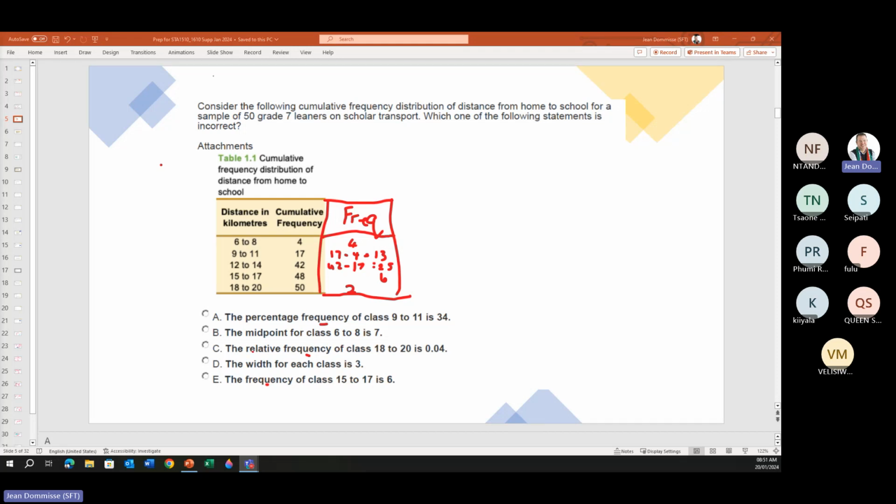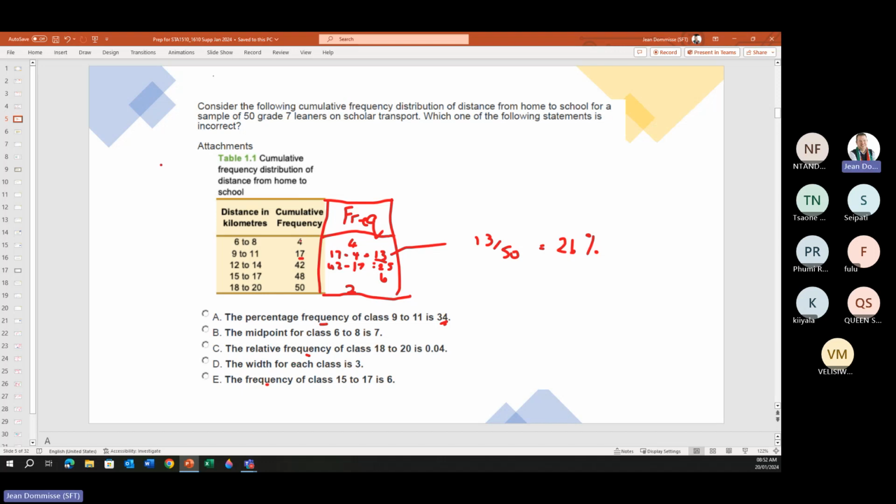Okay, so let's look at the percentage frequency of class 9 to 11. So it is 13 divided by 50, which is going to be 26%. If you used 17 divided by 50 it would have given you 34, but then you're actually working out cumulative frequency and not frequency.